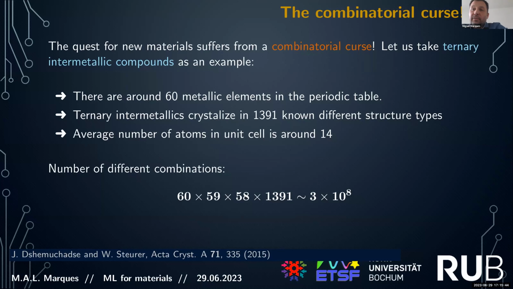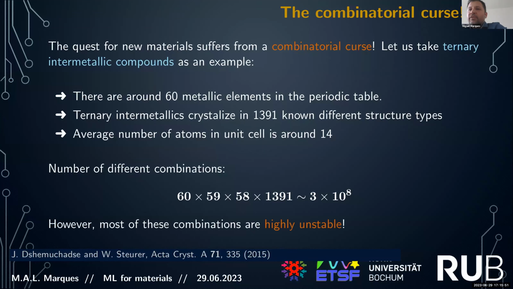We cannot. Moreover, we have to keep in mind that really the large majority of these combinations are highly unstable and are not relevant for mankind because they will never be realized in a lab because they're just too unstable. So our problem is to find out which combinations are stable or close to stable.